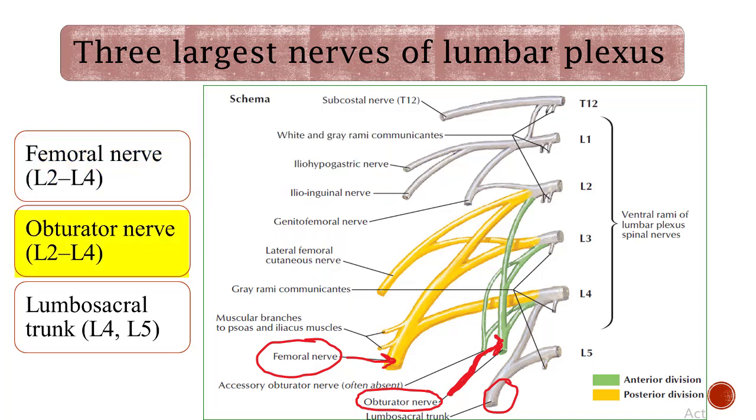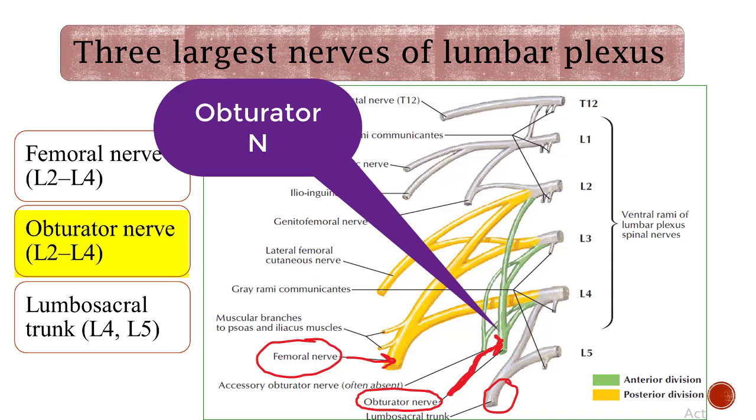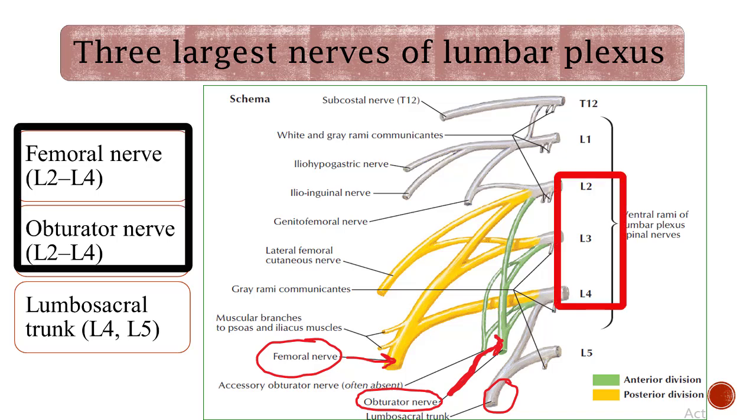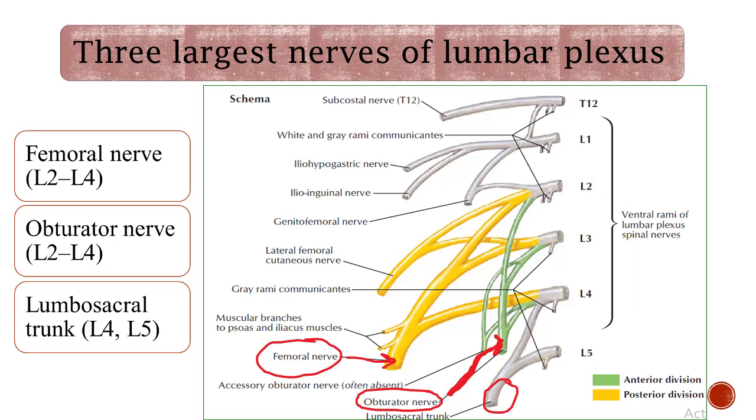Obturator nerve is shown over here in green. It means it is formed by the anterior division of L2, L3 and L4 spinal nerves. So remember, both the obturator and the femoral are formed by the L2, L3 and L4 spinal nerves. But what's the difference between them? The difference is femoral is formed by the posterior division and the obturator is formed by the anterior division.